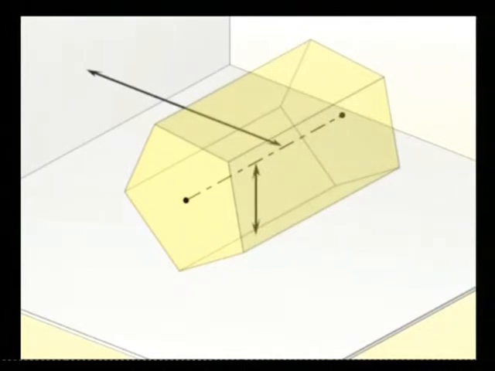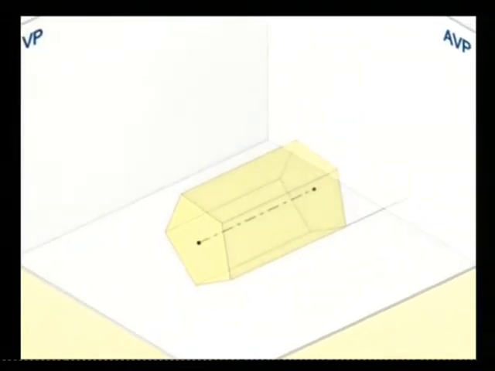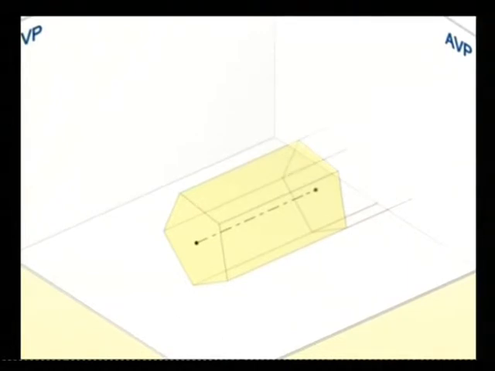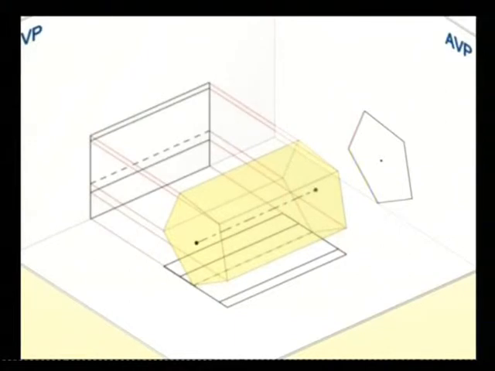As the axis is parallel to both the planes, it does not intersect either of them. However, the projection onto AVP gives the true shape and size of the prism. So, we'll draw the side view first, then top and front views by projecting the lines from the side view.